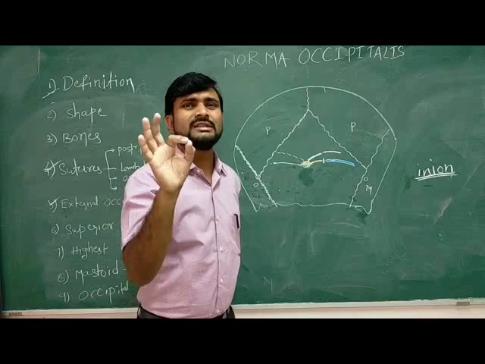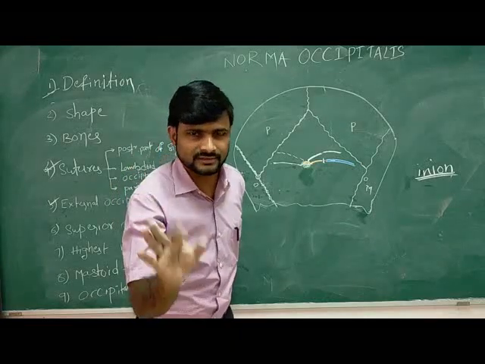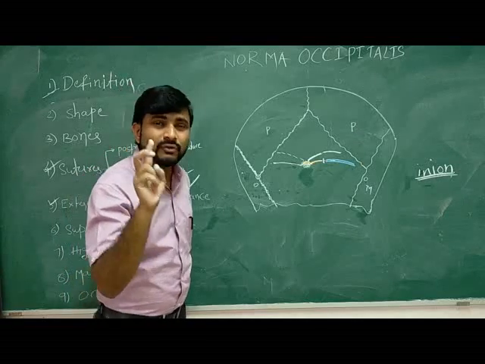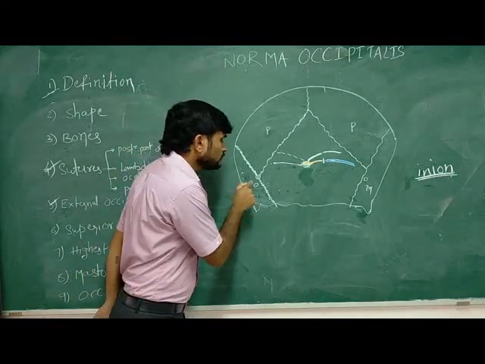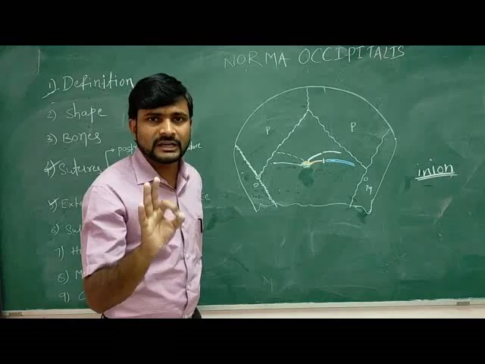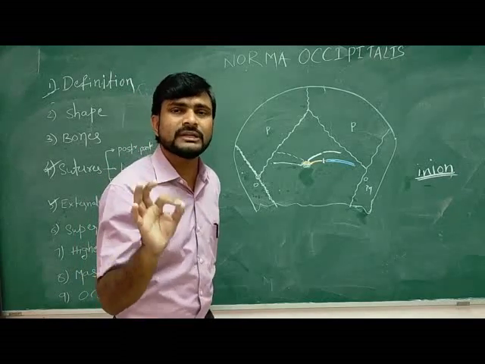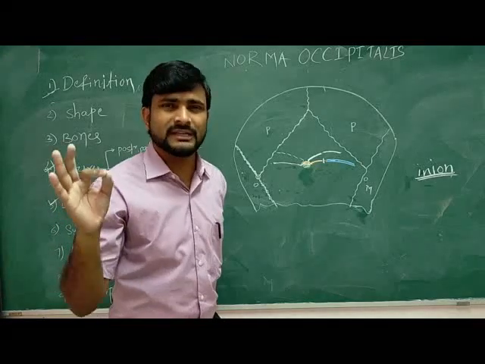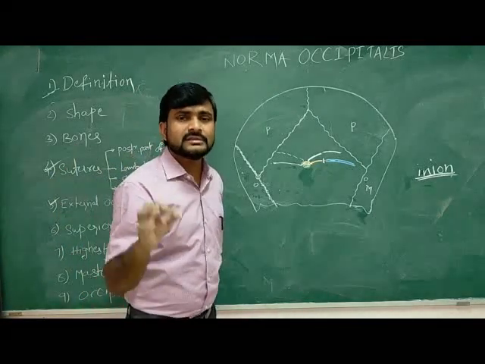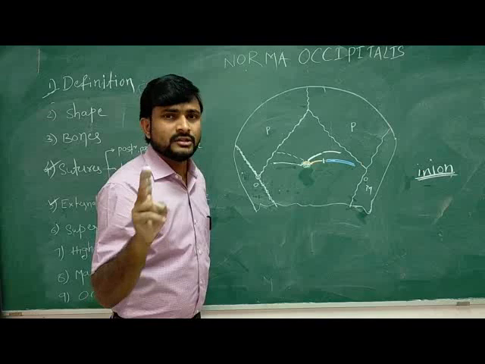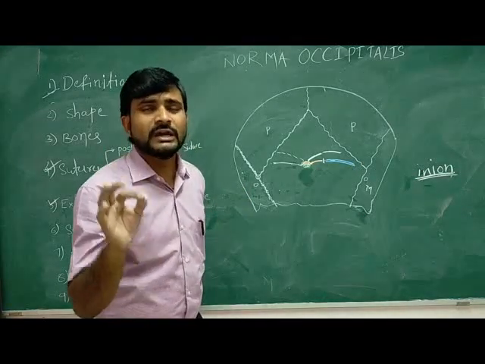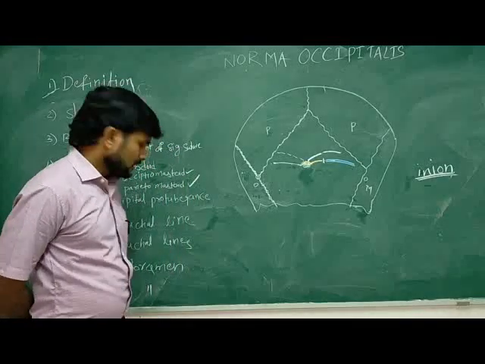That sulcus is called the sigmoid sulcus, and one artery and one vein pass through this foramen. The artery is the meningeal branch of the occipital artery, and the vein is the emissary vein. Both structures pass through the mastoid foramen.